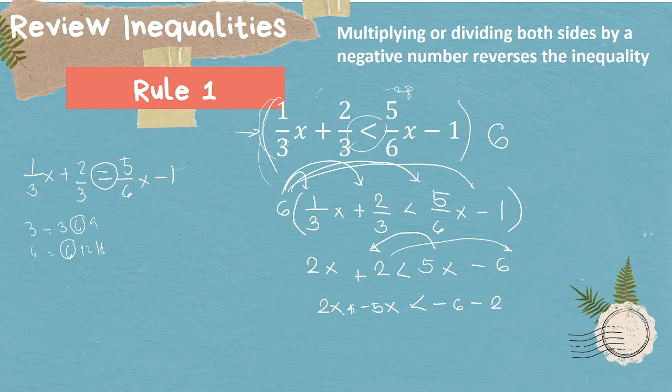If we solve this one, we will have negative 3x less than negative 8. Now, the rule says multiplying or dividing both sides by a negative number reverses the inequality. So, negative 3x less than negative 8. To get x, we divide this by negative 3.